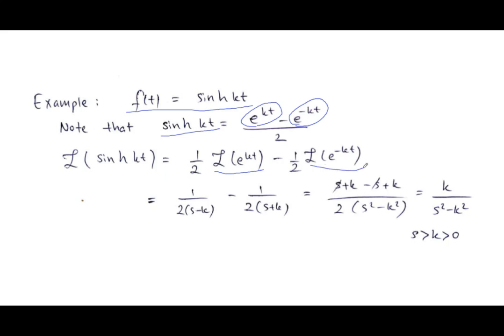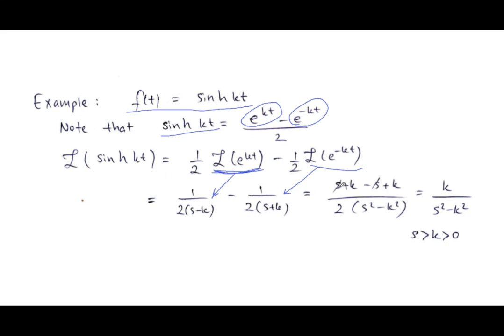So you can substitute for the hyperbolic sine function and then apply the Laplace transform to these exponentials. And the good news is, again, we have already evaluated these Laplace transforms in the previous examples, and you can do the substitution one more time. This one is 1 over s plus k, and for e to the power kt, we have 1 over s minus k.